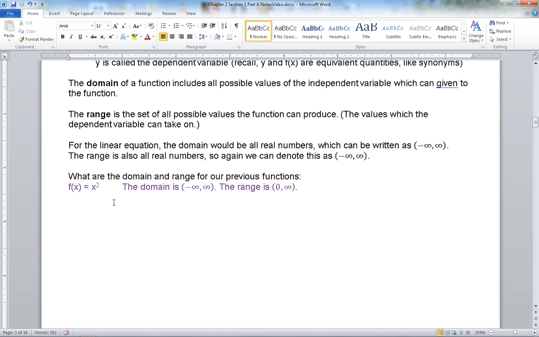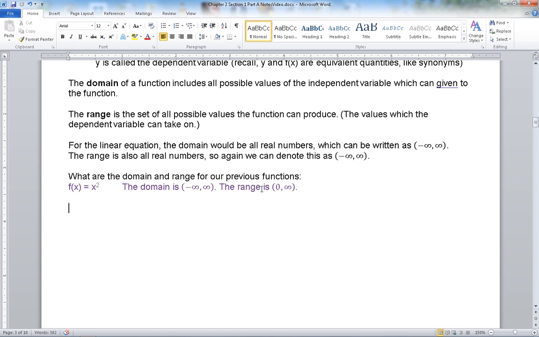A lot of times we will write that in the notation as an open parenthesis. Okay, so the rounded bracket means you don't include the value. So we don't include, but we get as close as we can to negative infinity, and that just means you can keep going for all negative numbers, up to positive infinity, but not including it, again, because we have a rounded bracket and not a square bracket.